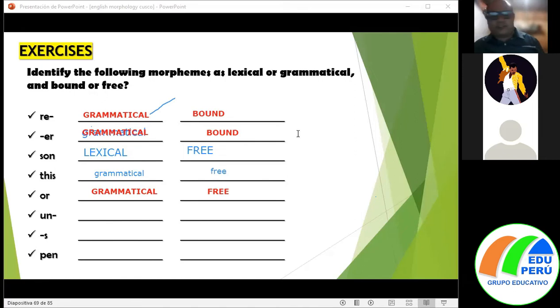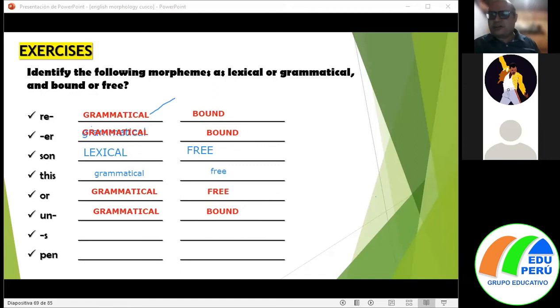Okay. Any other volunteer? Yes, Ruth. I don't write. Tell me orally, and I'm going to write it. It is grammatical and it is bound. Yes, that's it. Grammatical bound. Perfect. Excellent.